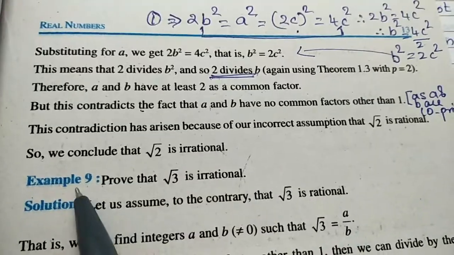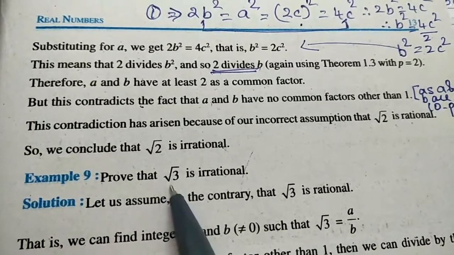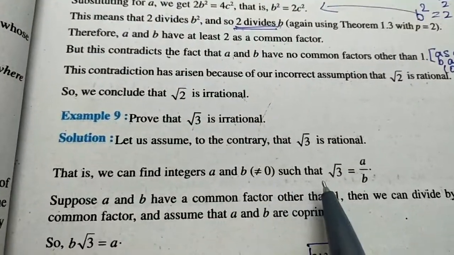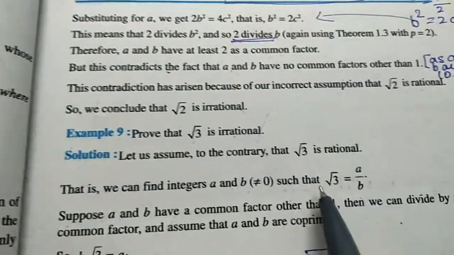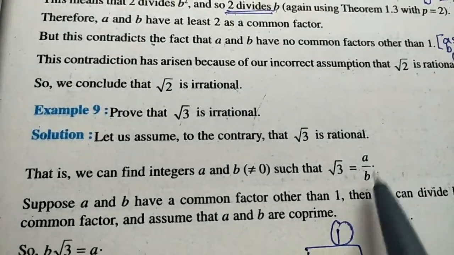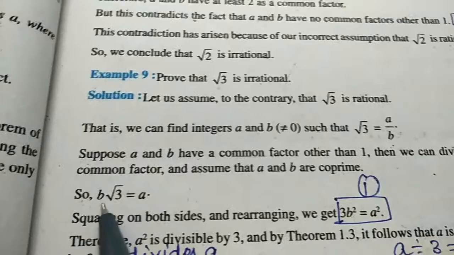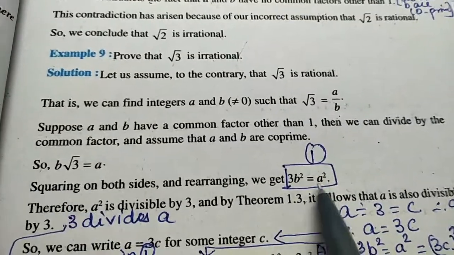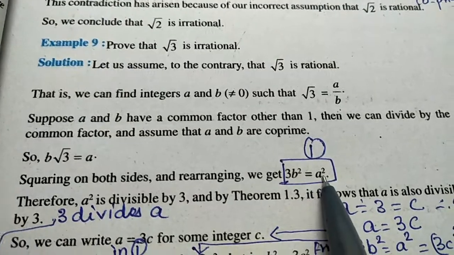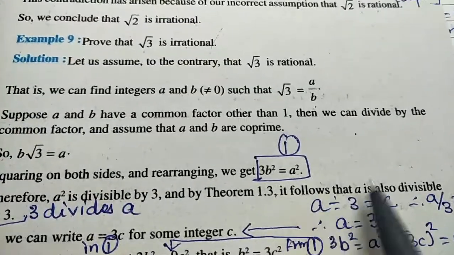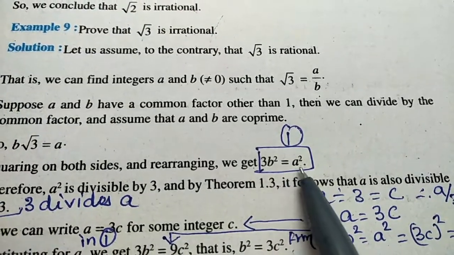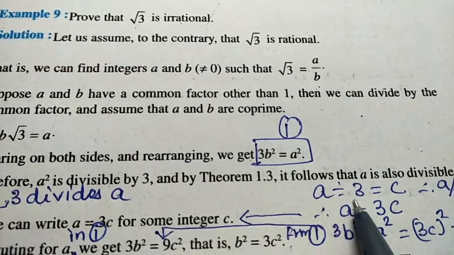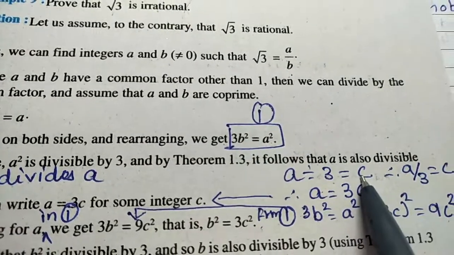Similarly, you have example 9, you have to prove square root 3 is irrational. So same, using theorem 1.4, you take square root 3 is equal to a upon b, then cross multiply, then square it. So squaring it, you will get this. That shows that 3 is dividing a square. So if 3 is dividing a square, it will also divide a. So a divided by 3 is c.